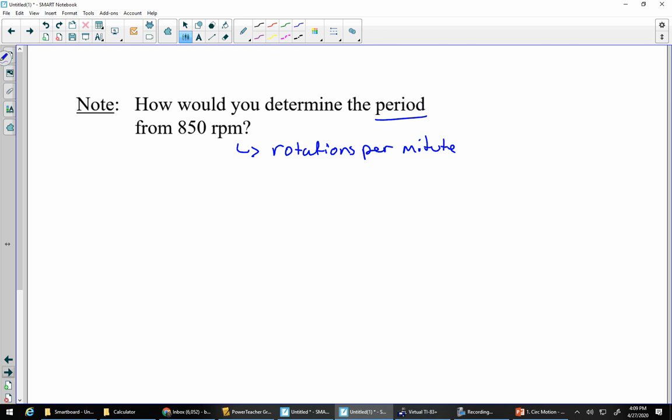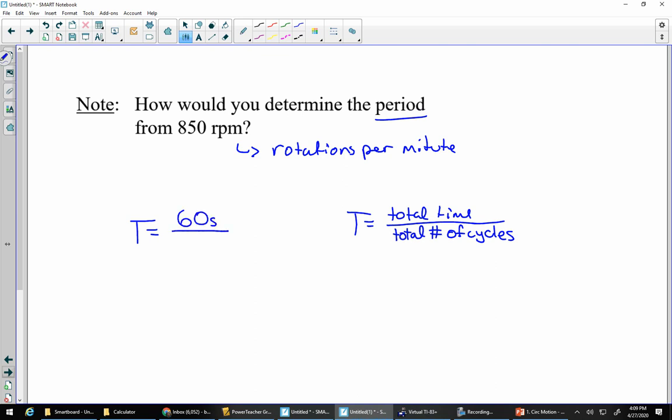We've actually got, right on your data sheet, period, and this is kind of handy. Period is the total time over the total number of cycles. And rotation, cycles, sort of the same thing. So essentially what I'd look at is, I want to convert this to seconds. So I'm going to say time is equal to, well, rotations per minute. 1 minute is 60 seconds.